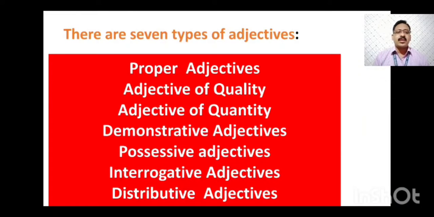So here are the 7 types of adjectives. Now we will know about these adjectives in detail.